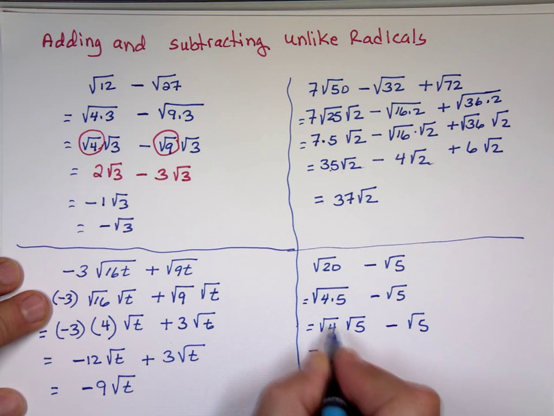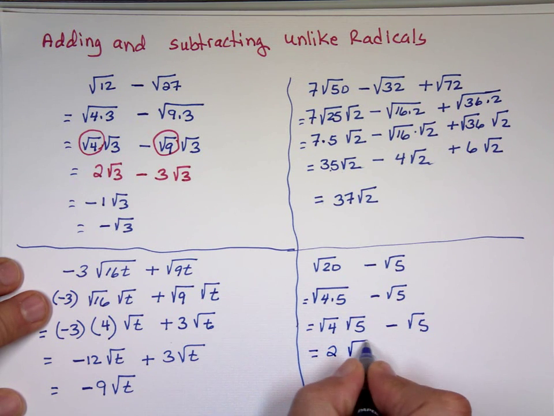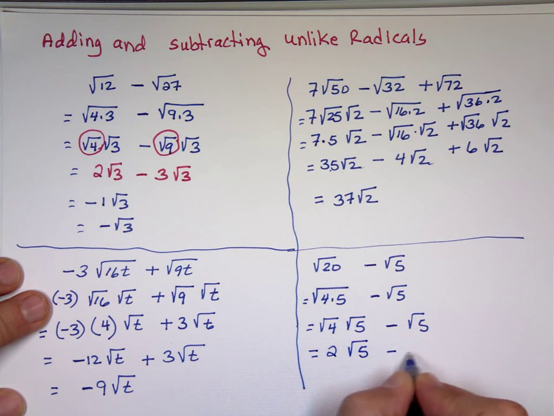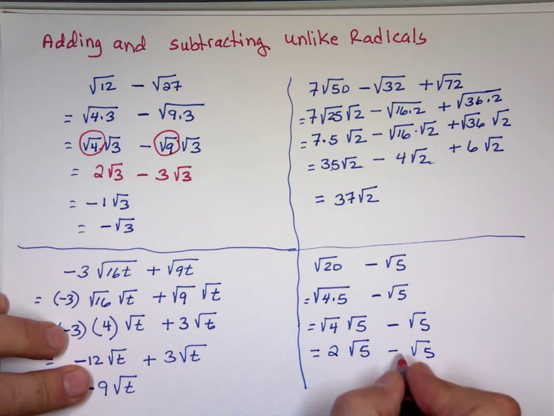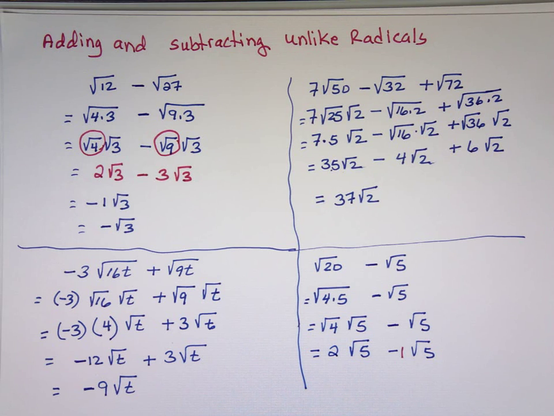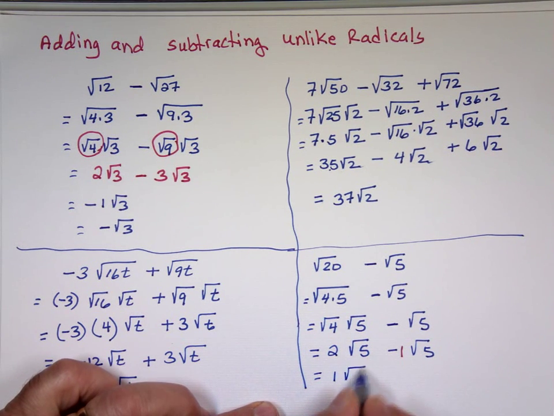What is the square root of 4? That's a 2 times the square root of 5 minus the square root of 5. Notice again, there's no number here, which means it's a 1. 2 minus 1 is 1, and we keep the square root of 5, and you definitely don't write the 1. Your answer is the square root of 5.